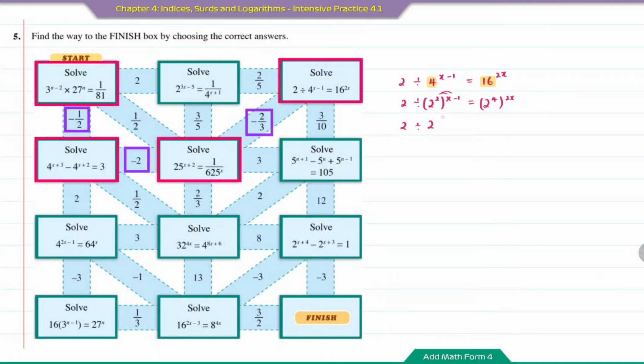So here it will become 2 to the power of 2x minus 2, as on the right hand side will be 2 to the power of 8x. So for the left hand side, as this is a division, therefore I'm going to subtract the power. So the power here is 1 minus (2x minus 2) equal to 2 to the power of 8x. Alright, so now we can compare the power.